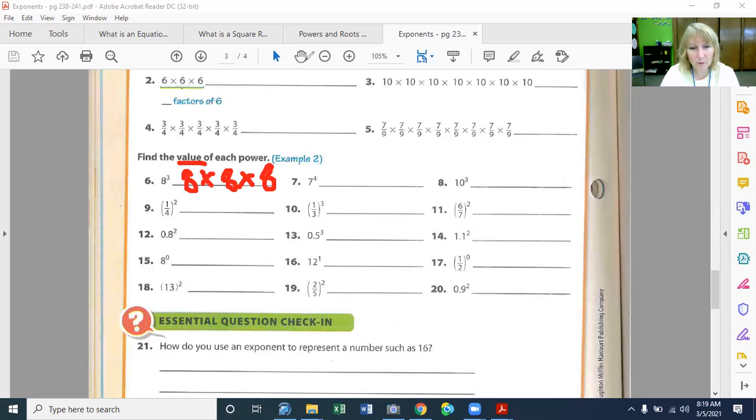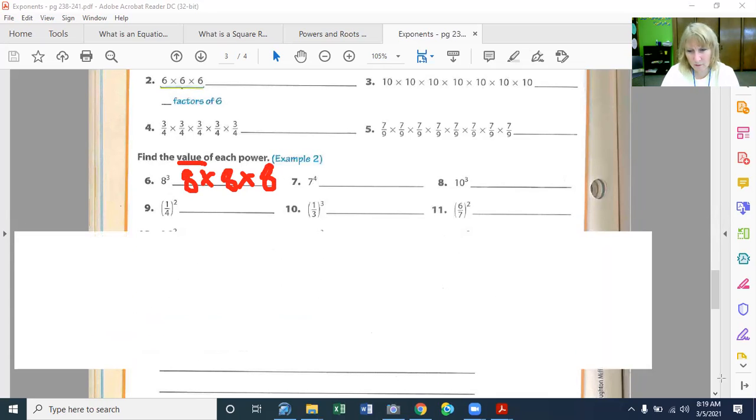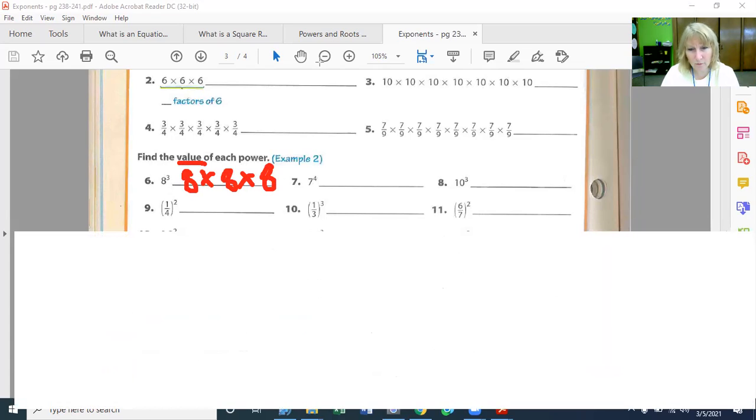Well, I want to put a little bit more white space back here so that we have some calculation room. And 8 times 8, take them in twos. 8 times 8 is 64, and then that times another 8. So if we don't know what 64 times 8 is, what can we do? We can write it vertically. 64 times 8, just like that.